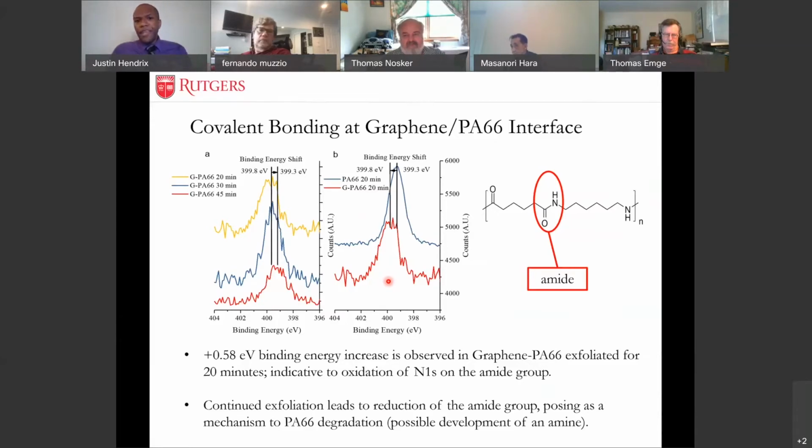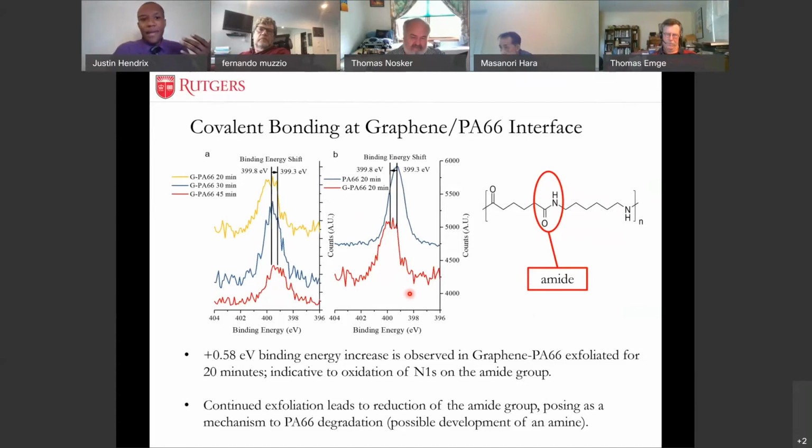Now, it exists for the mixing at 20 minutes. When we look at it as we increase the mixing from 20 minutes to 30 minutes to 45 minutes, we see that we're getting a binding energy reduction. And when we talk about some of the X-ray work of the polymer losing that hydrogen bonding characteristic, this also acts as a clue that there's a possibility of the onset of degradation due to the extendedly long time of mixing.